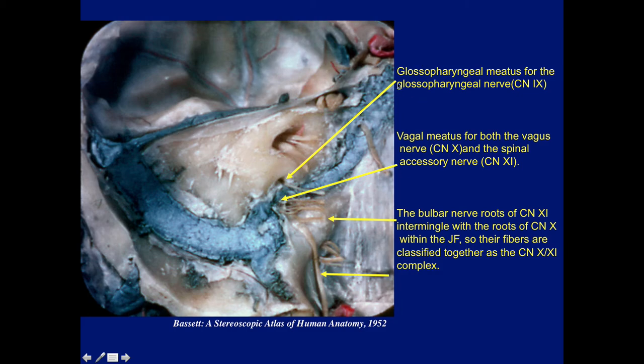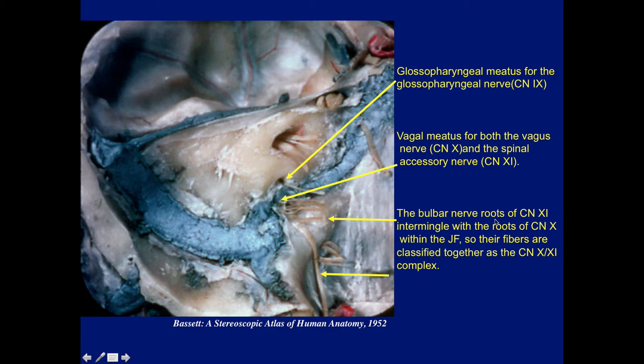This is the glossopharyngeal nerve going into the pars nervosa of the jugular foramen. Notice all these veins filling the region of the foramen. Here we have the cluster of the vagal nerves, which will enter here. In addition, there's what's called the spinal accessory division, which enters together with the 10th nerve.